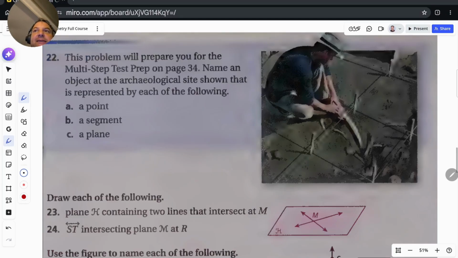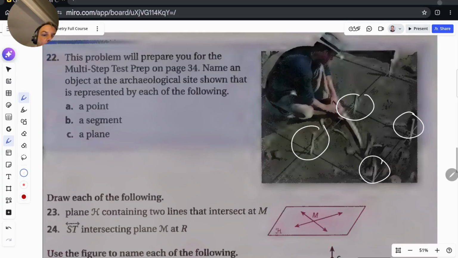Now, the dig site has wooden stakes pushed into the ground. Let me circle those so they're easier to see. Now, strings are tied between them, like such. And this forms a square grid laid over the dirt.